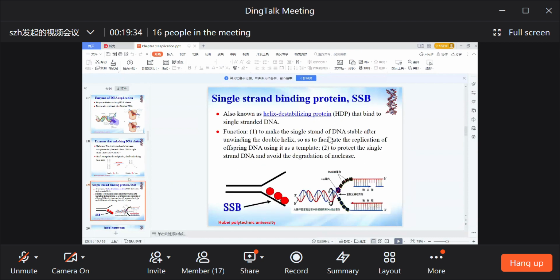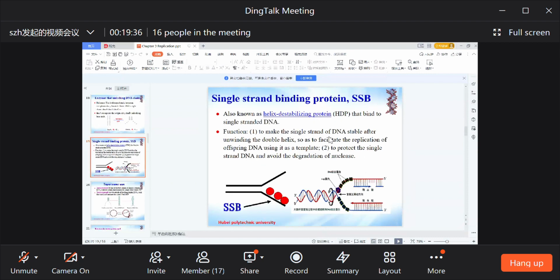And another thing is a protein that is very important. I introduce to my students the DNA sequence: when you remove the denaturing factors, the DNA strand may naturally, automatically restore the double helix structure.